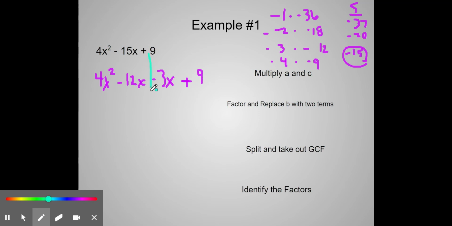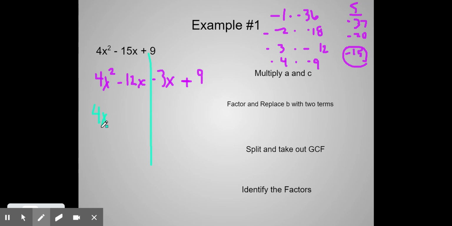So now I'm going to split here. I'm going to factor out a 4x. I'm left with x minus 3. And again, I picked a color that's pretty hard to see. And then over here, I'm going to factor out a -3 actually. And then I have x minus 3. Very difficult to see.